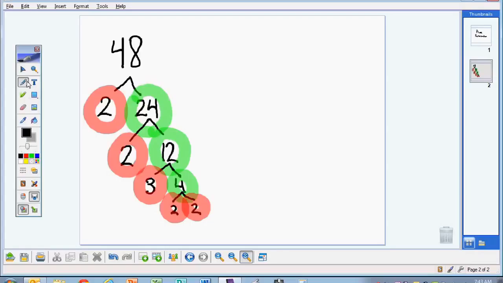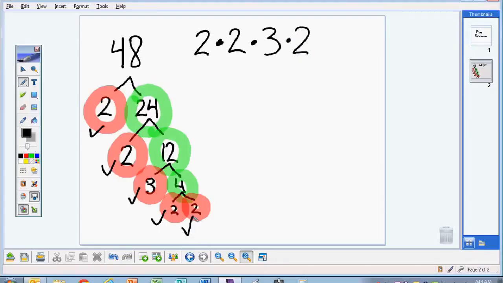Now I'm not going to perform the multiplication because it's just going to take me back to 48. However, I am going to write out a multiplication string of my prime numbers. So I take my 2, my next 2, my 3, my 2, and my last 2.